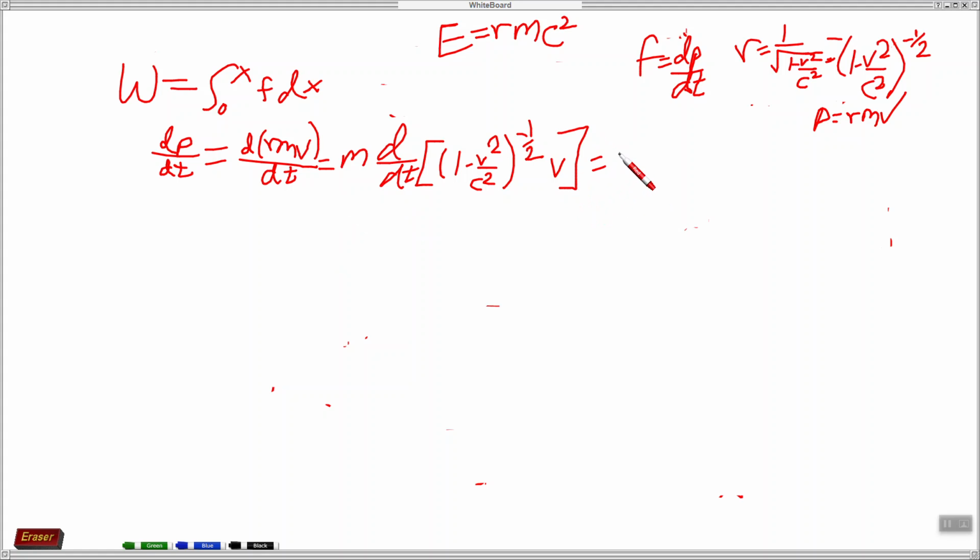That equals m, we're still going to keep the m constant, in brackets. We're going to use the product rule and the chain rule. So we're going to keep this constant and take the derivative of the other.